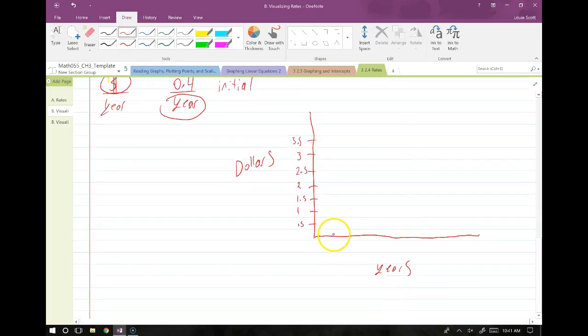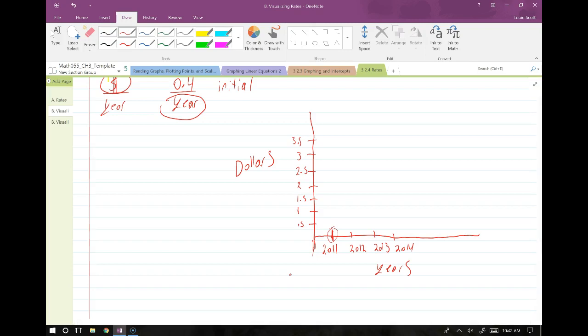So we're going to make our first tick mark way over here at 2011, 2012, 2013, and 2014. This is just a matter of personal choice. I chose to make 2011 the first tick mark out. If you wanted to, you could make it right at the origin, just as long as you're clear about what you're labeling.